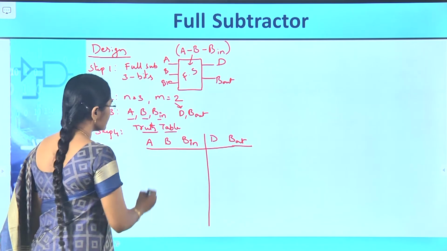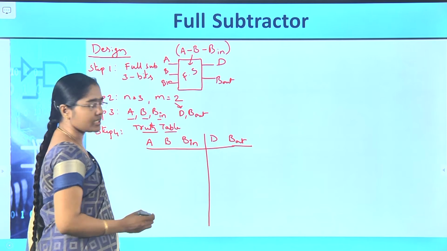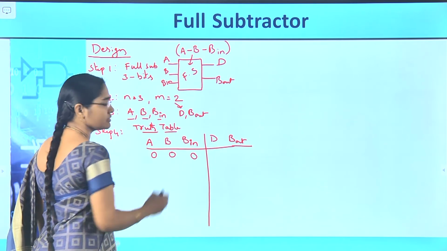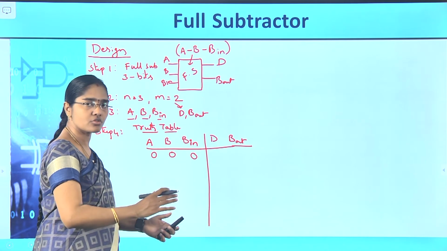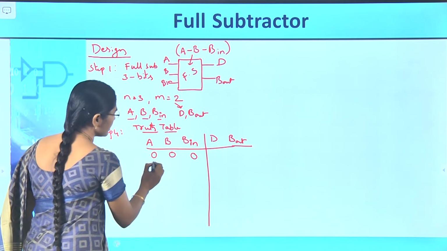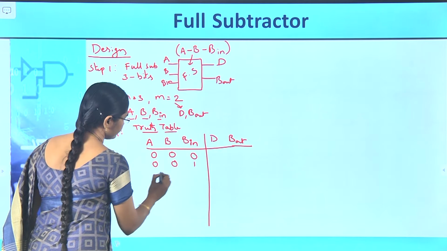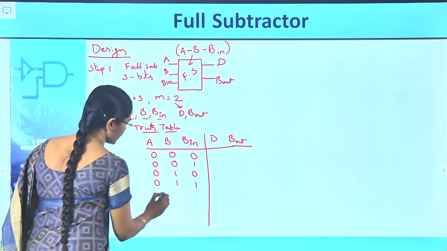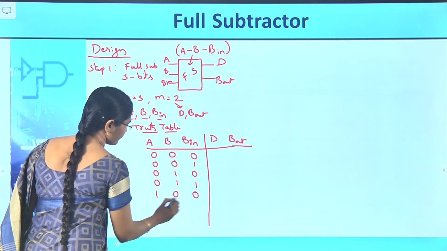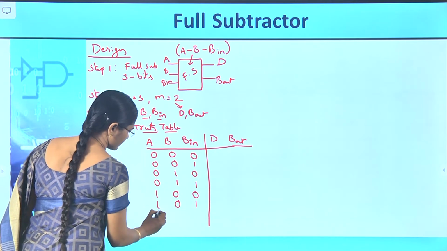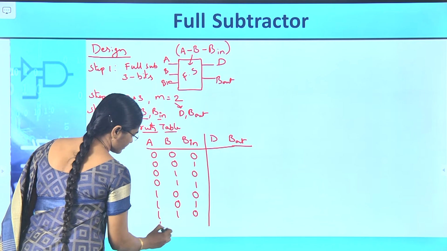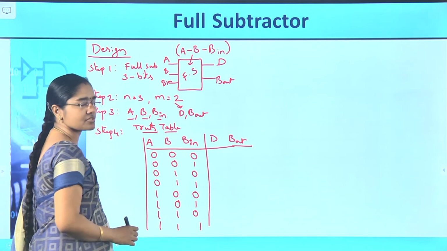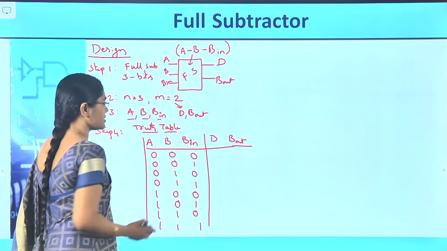Since there are 3 input bits, we are going to have 8 combinations in the truth table, from 3 zeros to 3 ones. Write all those 8 combinations first, then find the outputs.